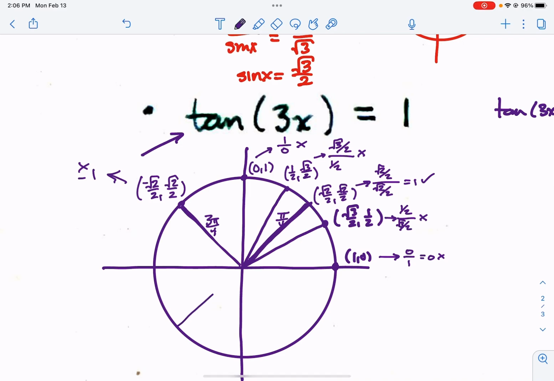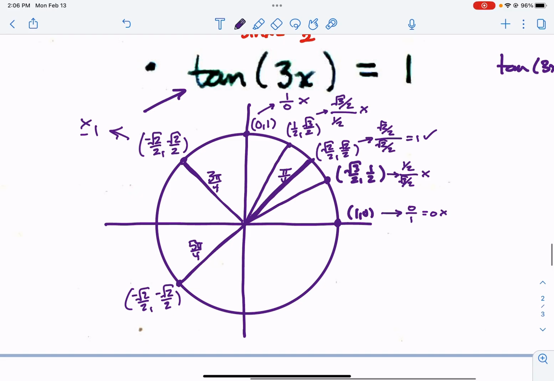If we look at this one over here, this is 5 pi over 4. Well, the coordinates are negative radical 2 over 2, negative radical 2 over 2. If we take the y divided by the x, you get 1, right? So that's the other solution.